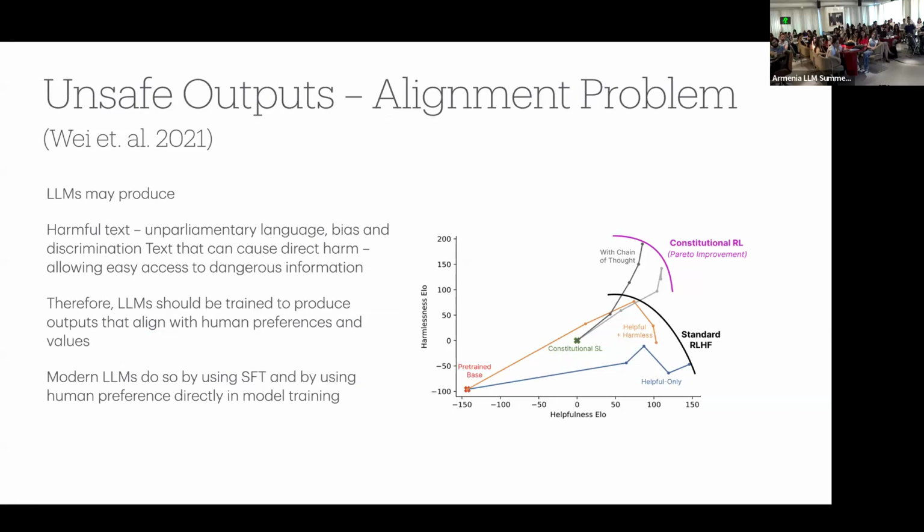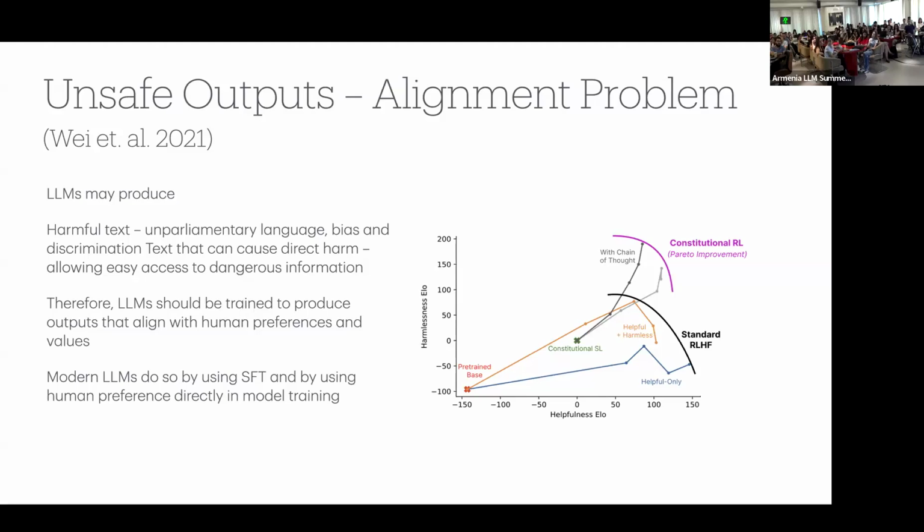So LLMs may produce harmful text, language that is not aligned with human preferences. In some cases, direct harm. As an example, you likely don't want to get a full step-by-step description of how to make chemical bombs.